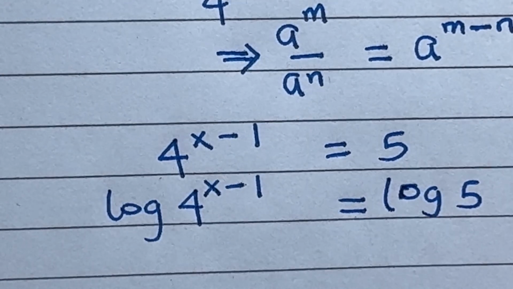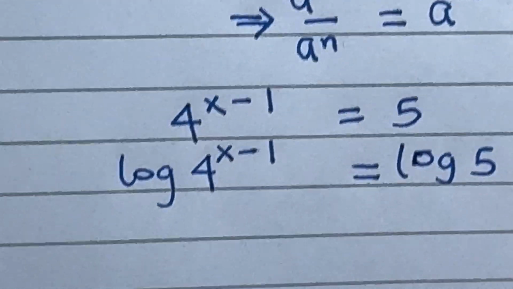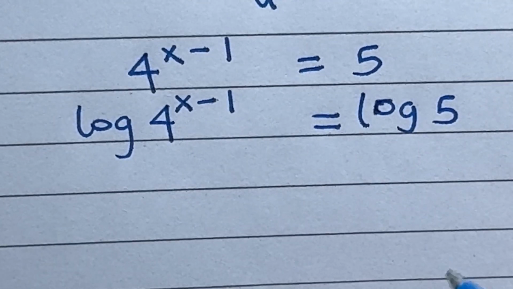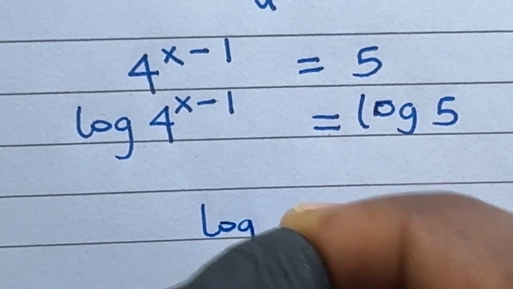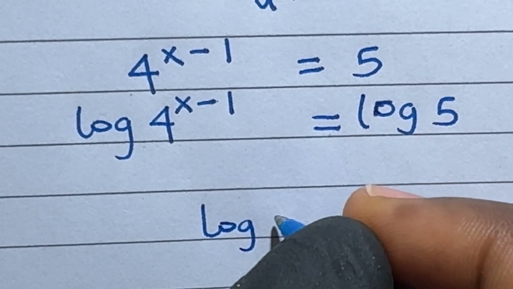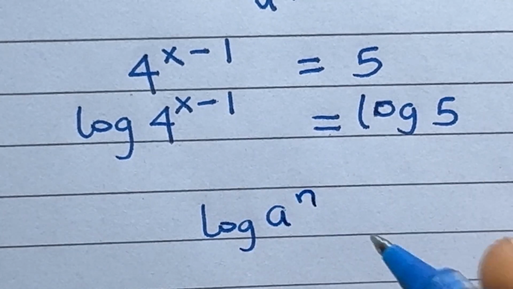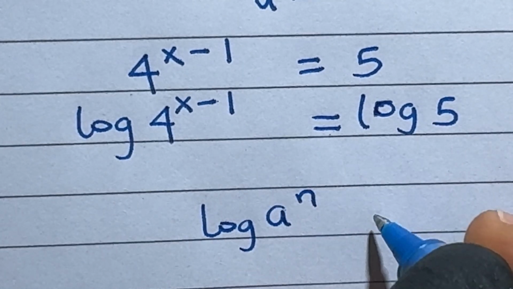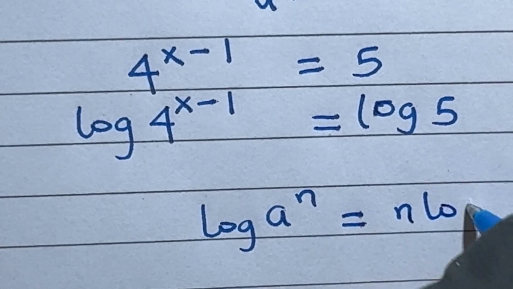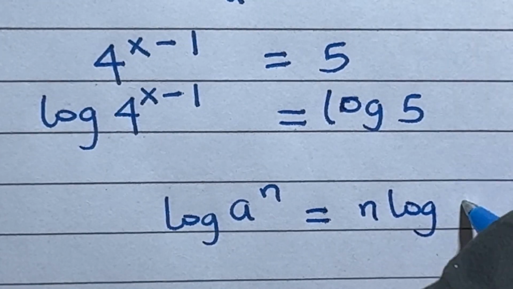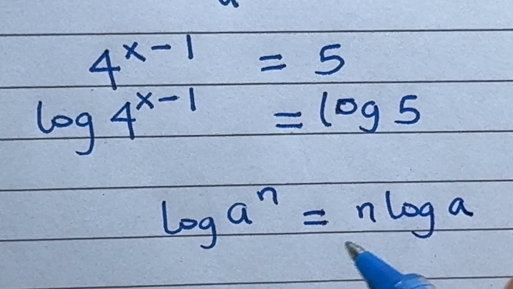Both are in base 10, and there's a law of logarithm that says that if you have, for instance, the logarithm of a raised to power n, this can also be expressed as n log a, regardless of whatever the base is.